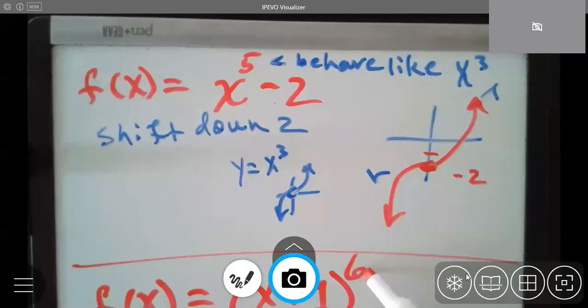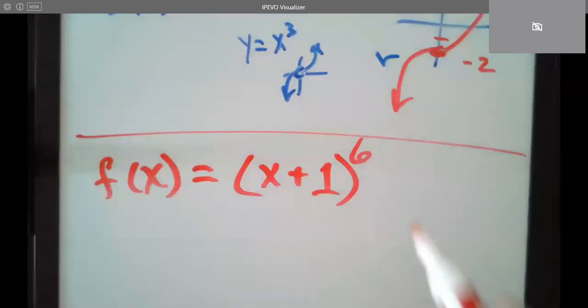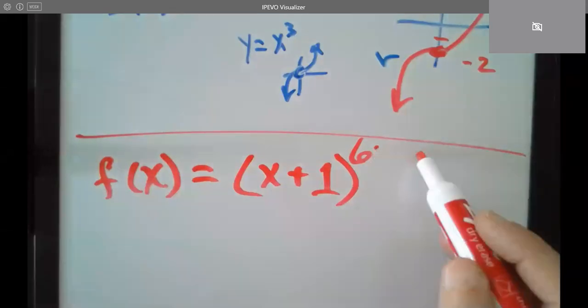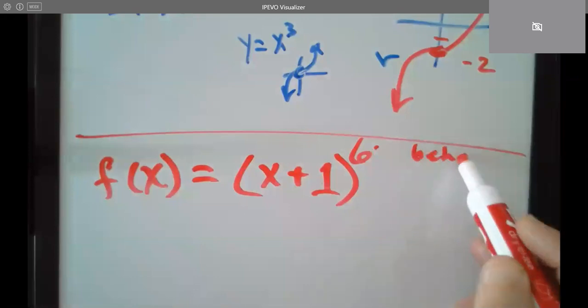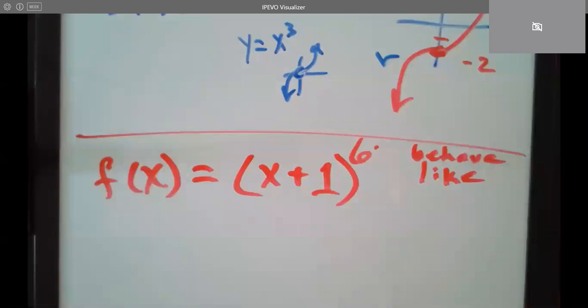So it's even, right? This is even. So it's going to behave like what? x squared or x cubed? Yeah. It's going to behave like x squared because x squared is even and x to the 6th is even, right?